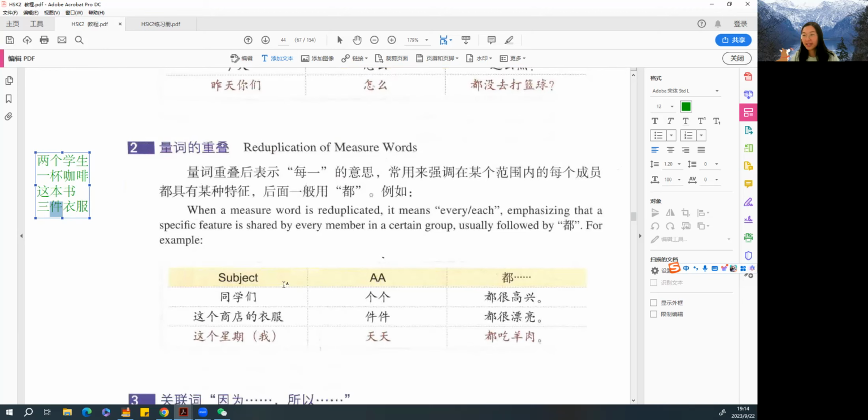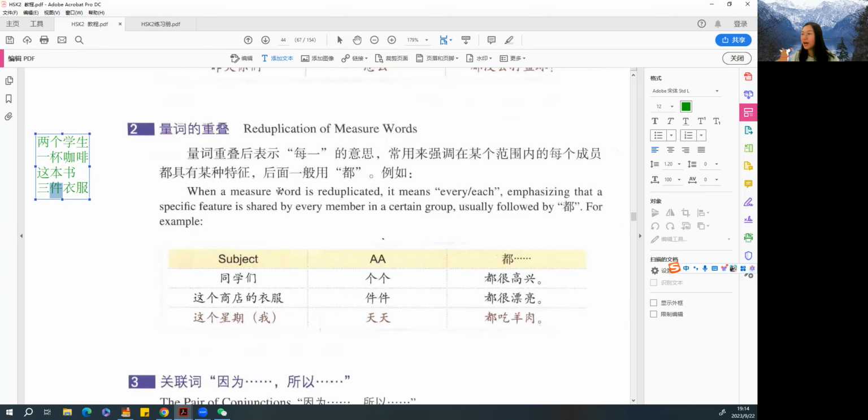What's the meaning of it? So when a measure word is duplicated, it means every, each. For example, 同学们. What is 同学们? 同学们 means the classmates. 同学们个个都很高兴.